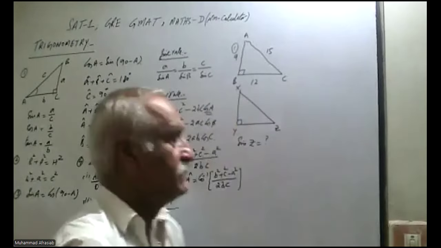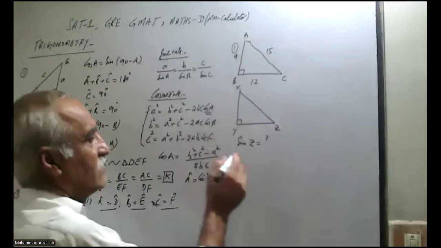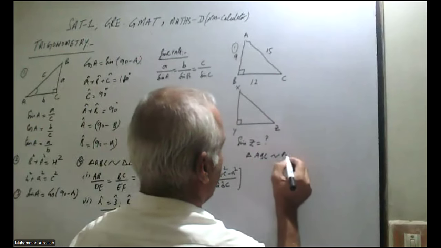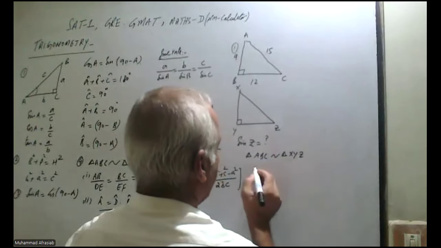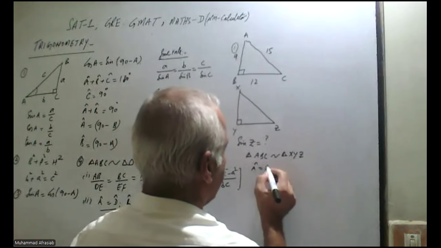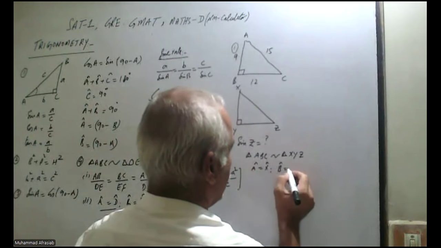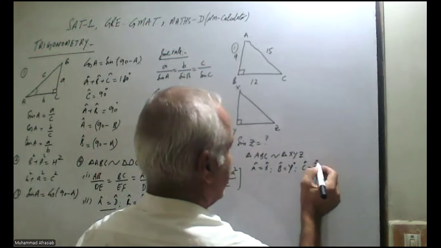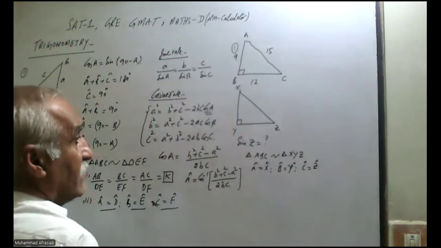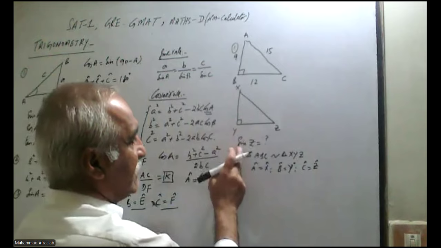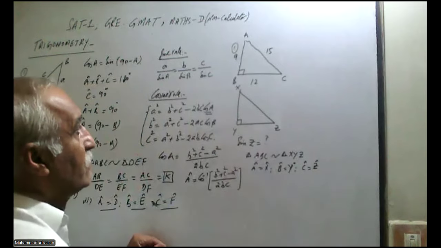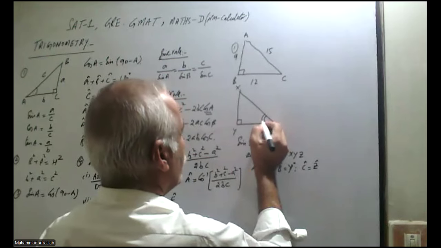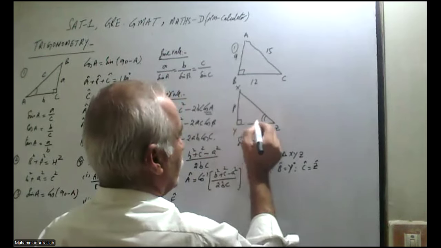Since these two triangles are similar, triangle ABC is similar to triangle XYZ. So angle A must be equal to angle X, angle B equal to angle Y, and angle C equal to angle Z. Here, sine of Z you are going to calculate, which should be perpendicular over hypotenuse.